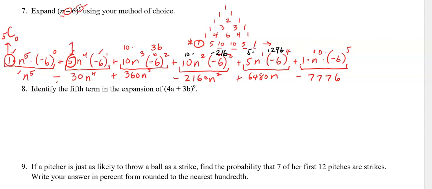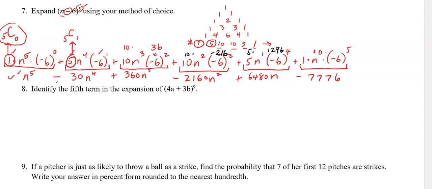It's just a different way of coming up with this coefficient that we're multiplying by that we got from the triangle. So this next number, 5, you would get it by calculating 5C1. So if you choose to do the binomial theorem on the test, you would need to show me these and then get to your final answer.